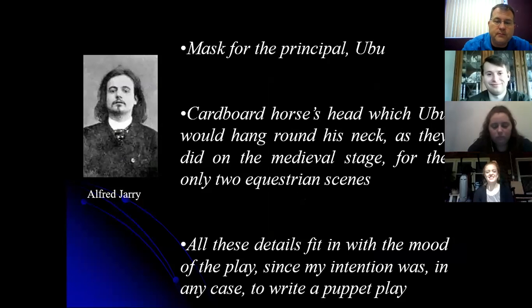All right. So he says, all these details fit in with the mood of the play, since my intention was in any case to write a puppet play. So when Yeats talks about the people walking around the stage, it's important to understand they are walking as puppets. It sounds silly, but you've got to think of doing the robot, right?